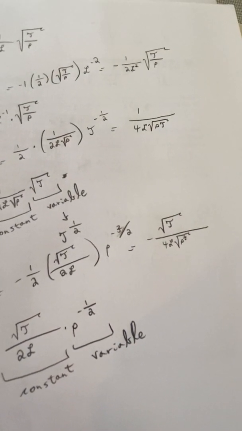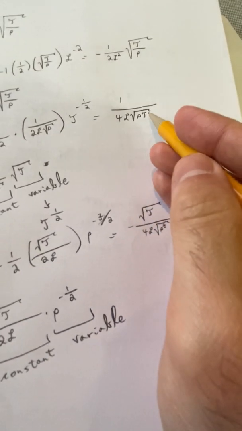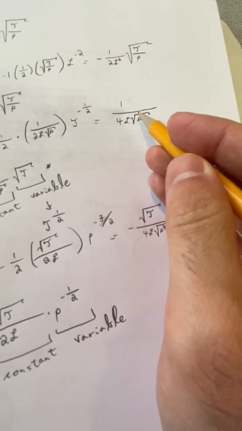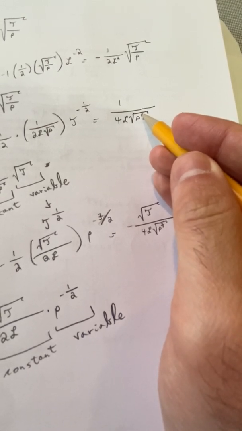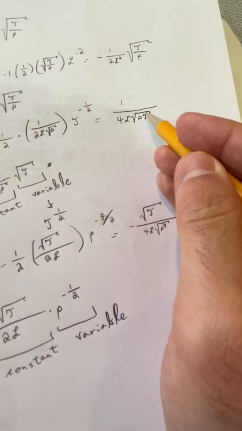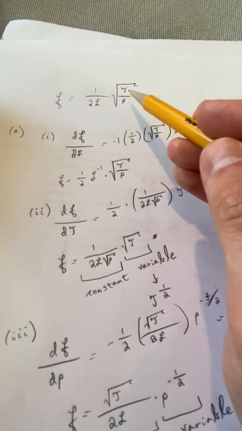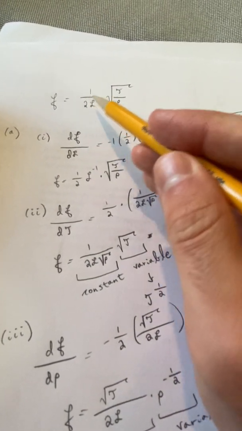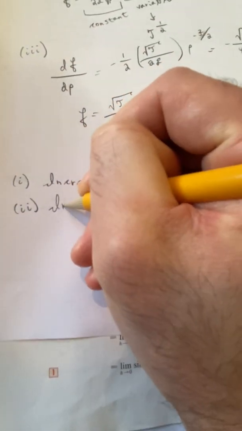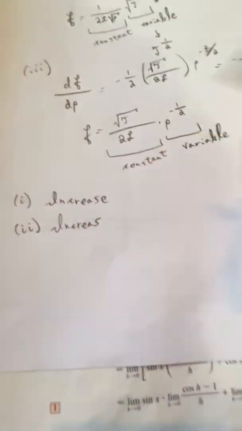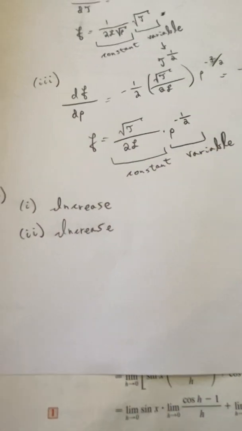And we can see as the tension increases, the rate at which the frequency changes is going to decrease, right? Because we have the tension in the denominator here. But the frequency itself, if we look at the original equation, as the tension goes up, the frequency also goes up. So the frequency will increase.